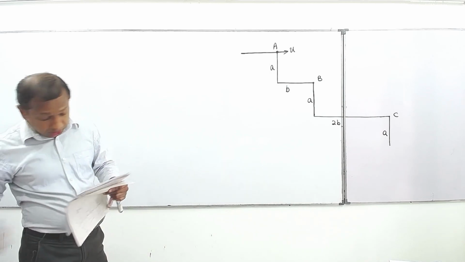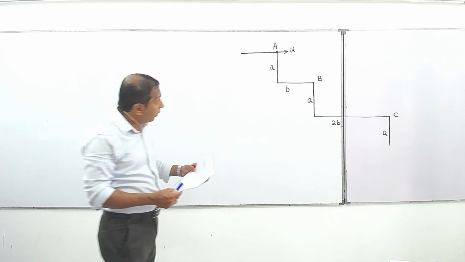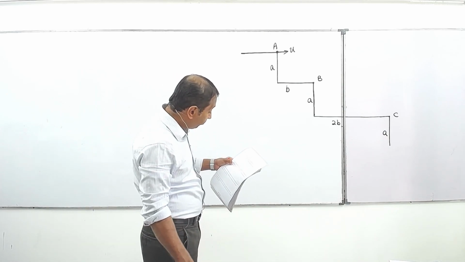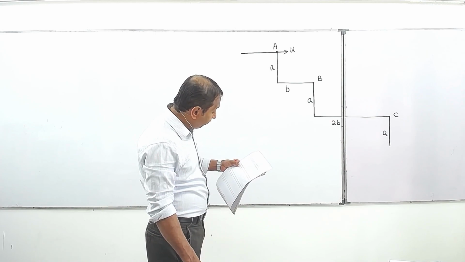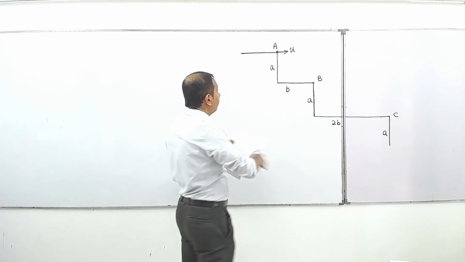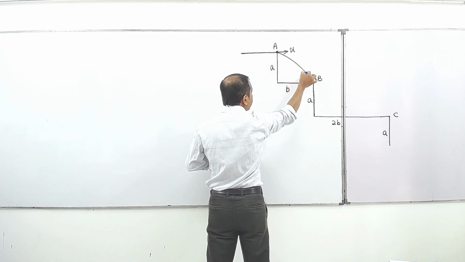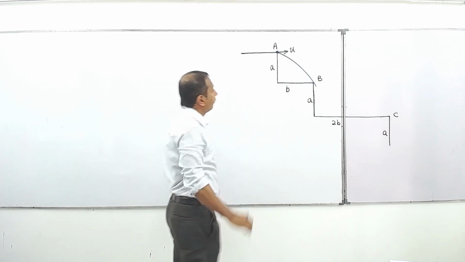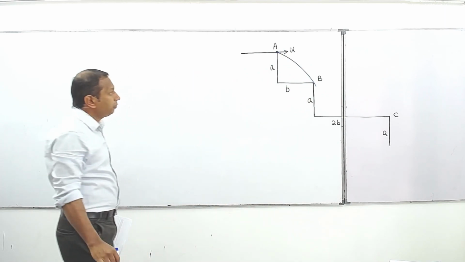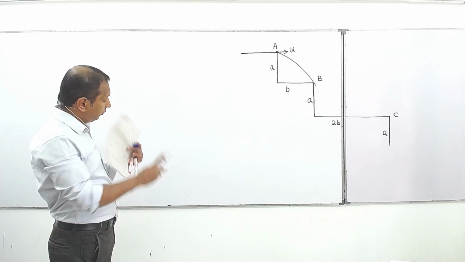First thing, people, the first occasion when this particle is projected with velocity u, we are given the particle just passes through the point B. Then for this AB motion, you can apply the equation of motion like this.